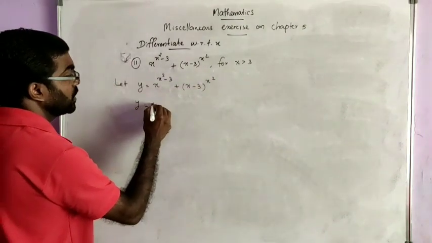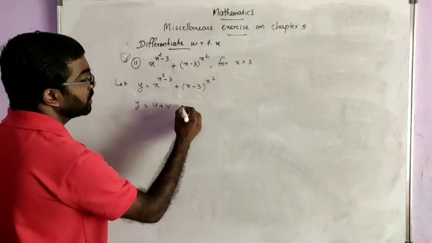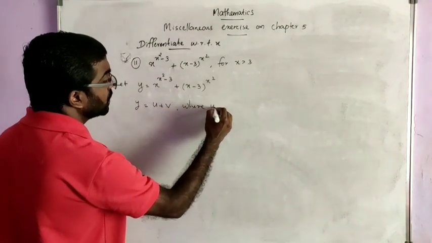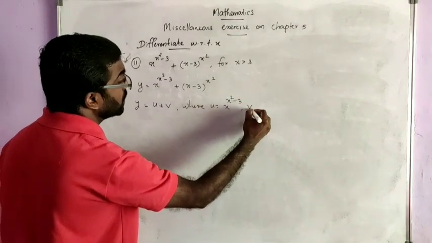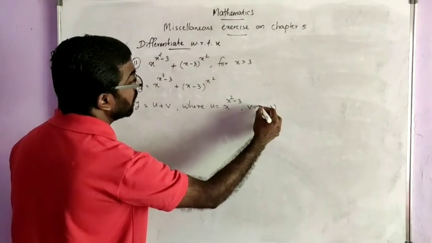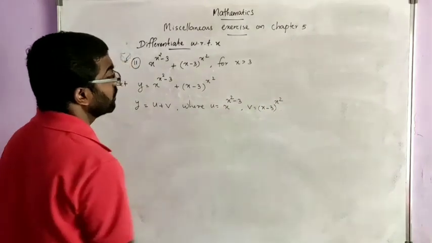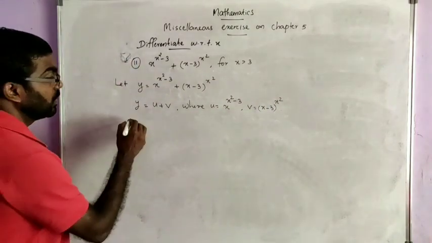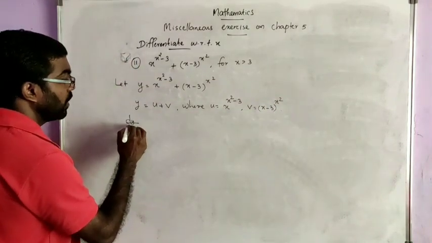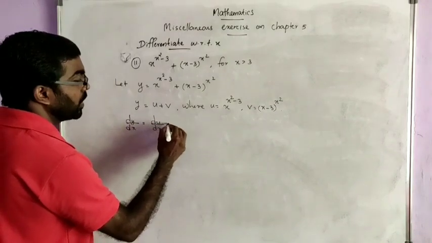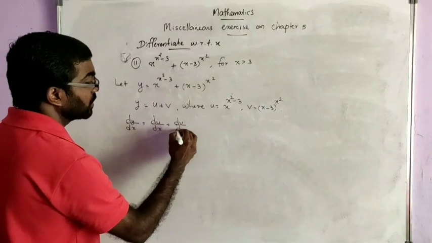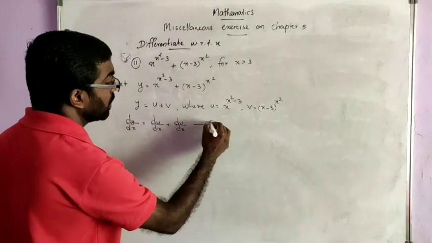So which can be written as y is equal to u plus v, where u is equal to the first term x raised to x square minus 3 and v is equal to x minus 3 the whole raised to x square. Clear? Now we can find the derivative. dy by dx is equal to du by dx plus dv by dx. Take it as equation number 1.